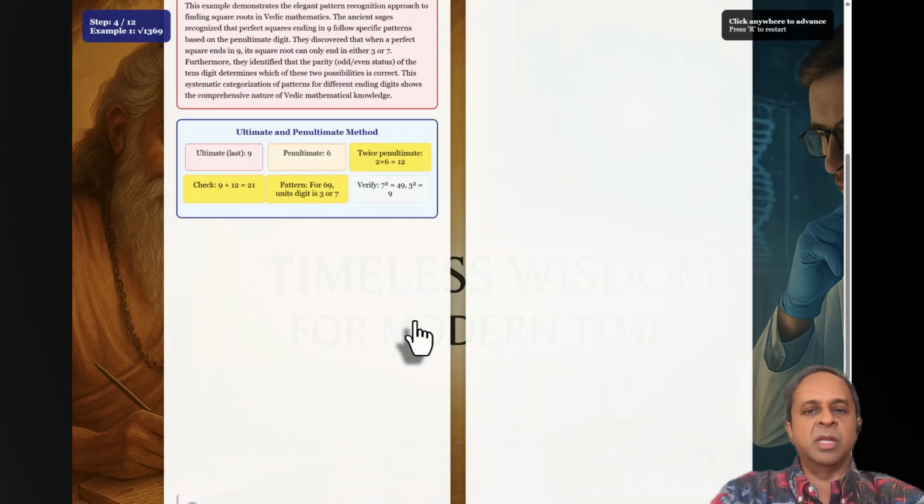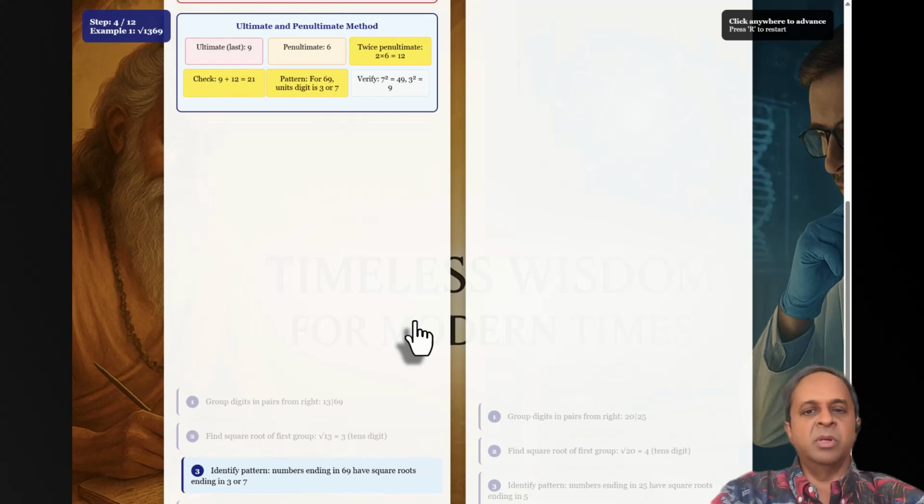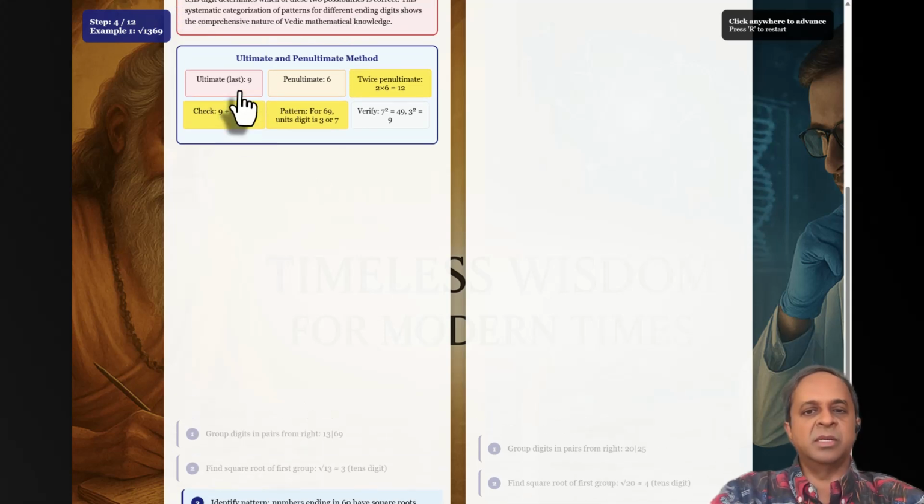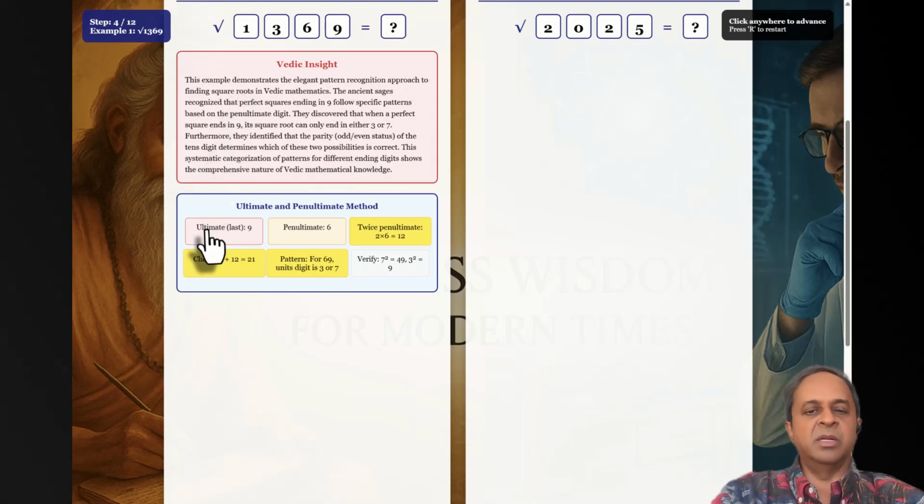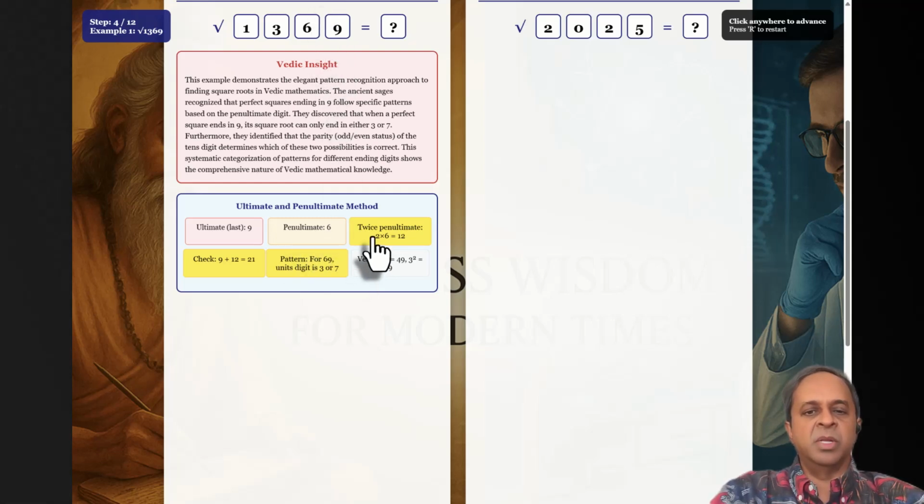So let's look at what we went through. In this case, the ultimate digit is 9, penultimate is 6, so we take twice the penultimate. In this case, it's 6, so that's a 12.